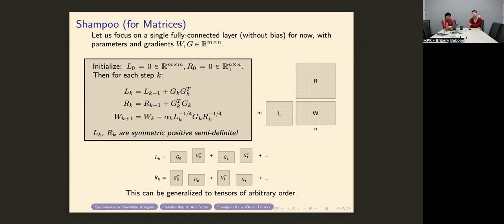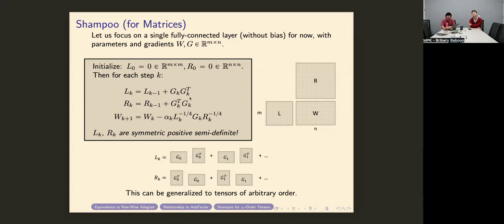Full matrix Adagrad would have required storing m squared times n squared. Now I'm looking at m squared plus n squared memory cost. And at every step, I'm going to aggregate: L aggregates G G transpose, and R aggregates G transpose G.